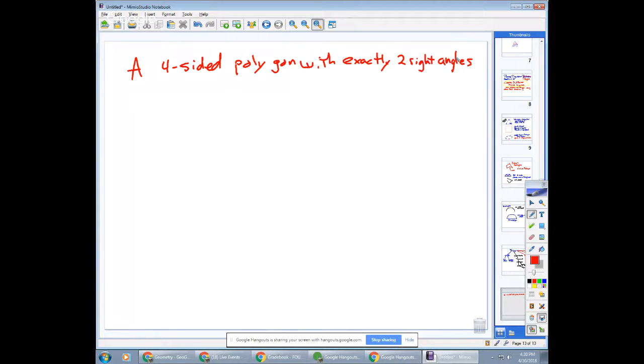Maybe do a little sketch. Right, exactly 2 would be no more than 2. Yeah. 4-sided. So there's a possibility.